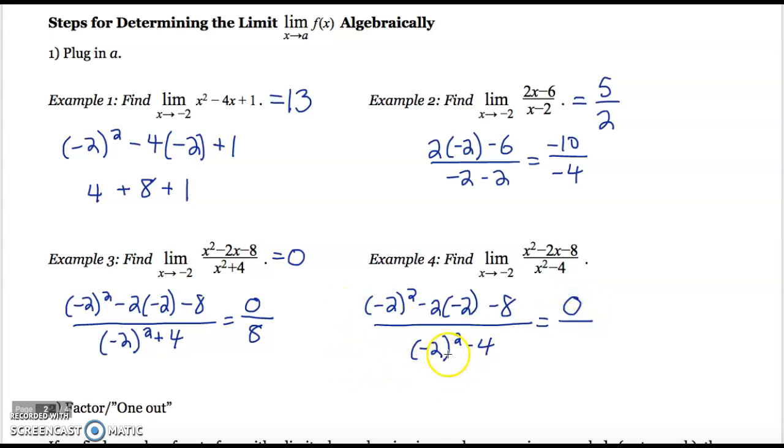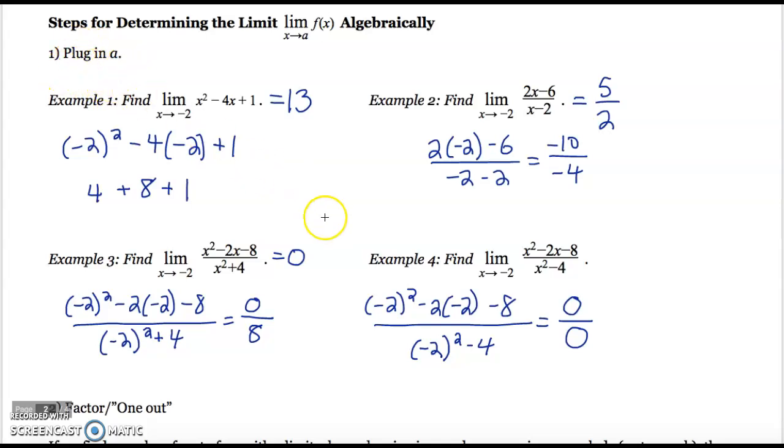But now on the bottom, I have 4 minus 4, which gives me 0 over 0. Now, 0 divided by 8 is a perfectly fine number. But when you divide by 0, this is what we call an indeterminate form, and it basically ends up in an error or an undefined function or something along the lines of that. And so if you're evaluating a limit and we run into this problem, just plugging in won't be enough. We have to try some different strategies.